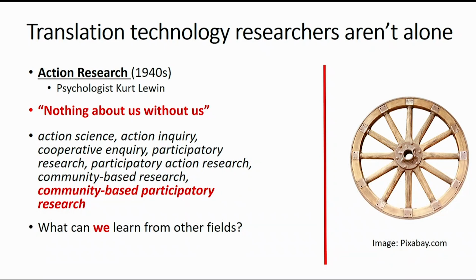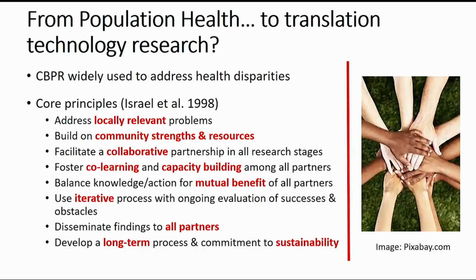And there are probably some nuances of difference between some of those, but what they all have in common is that they bring the community into the research process. So translation technology is not the first to encounter this. That's what I want to emphasize. So we can look to other fields and see what we can learn from them.